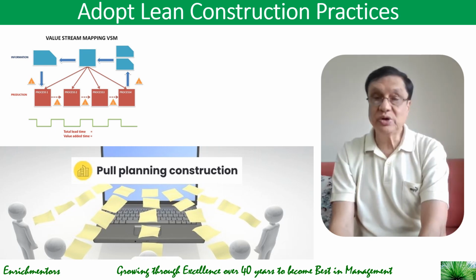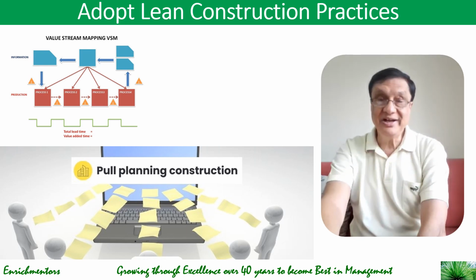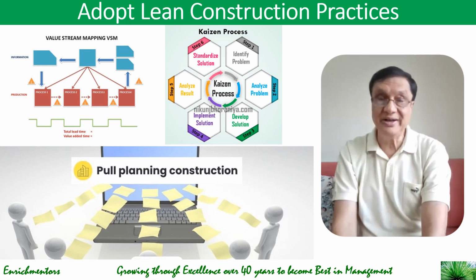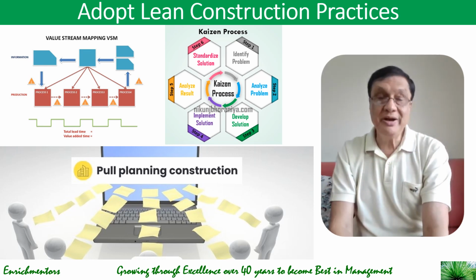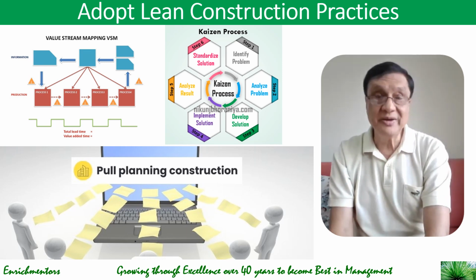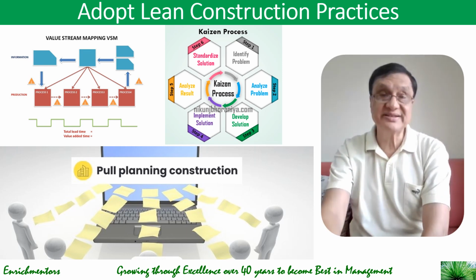So you bring it closer to the actual consumption point and supply resources based on the actual pull. And finally, Kaizen continuous improvement, where you encourage teams to identify and implement small incremental improvements, in the order of identifying the problem, analyzing the problem, developing a solution, implementing the solution, analyzing the result, and standardizing the solution.